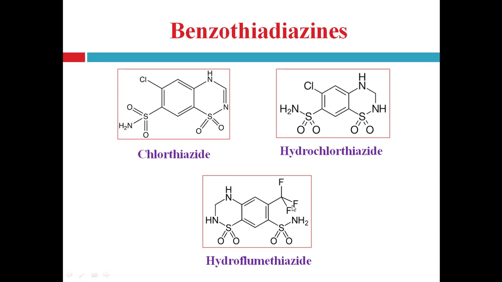That's why it is hydroflumethiazide, right? So hydro indicates the presence of a hydrogen atom on nitrogen instead of the double bond, and in place of chlorine in chlorothiazide and hydrochlorothiazide, here a trifluoromethyl group is present, right? CF3, trifluoromethyl group.